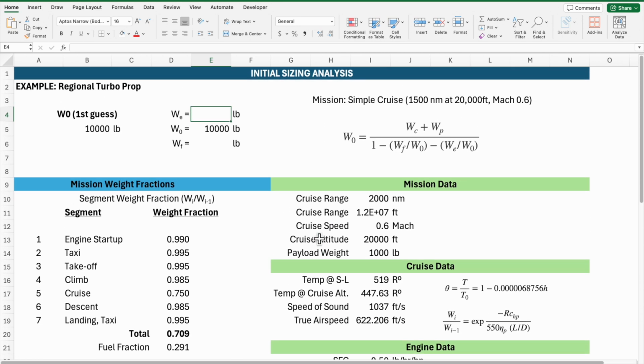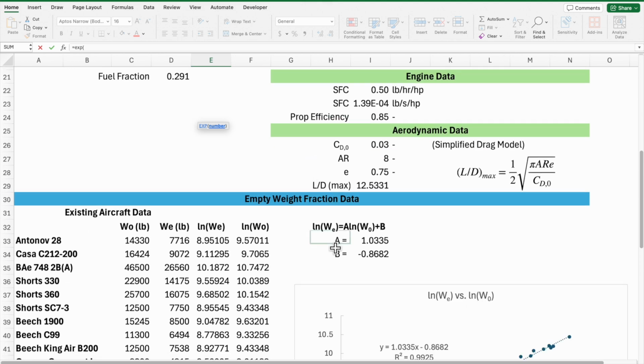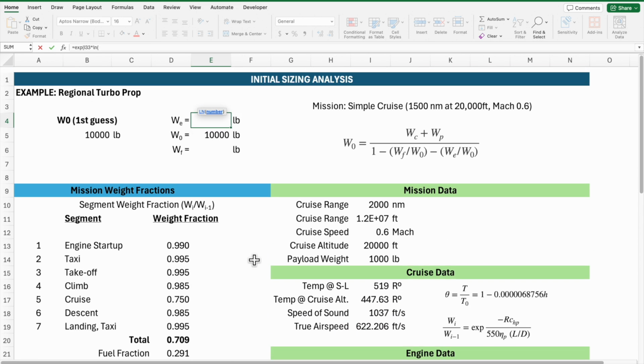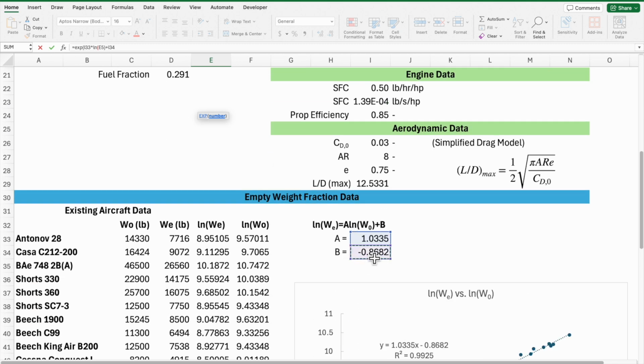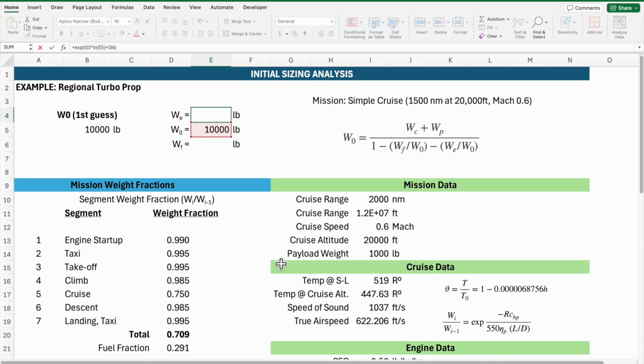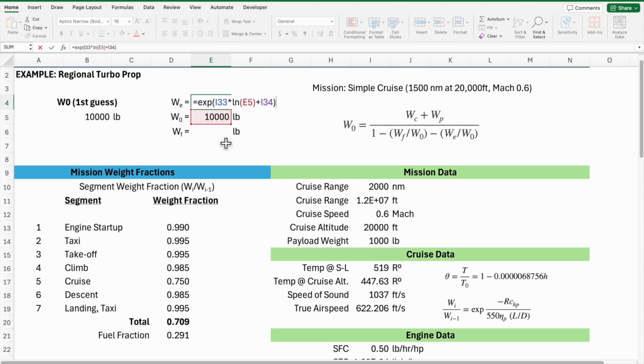So I'm going to write this as equal to exponential of a times the ln of that value, my gross weight, plus this parameter b, and I'll close parentheses and set that equal.